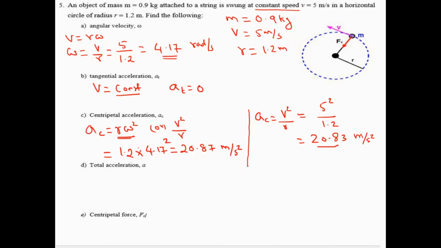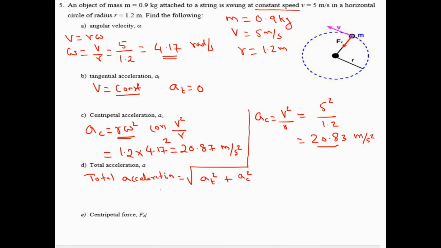Clear? And the fourth question, what is the total acceleration? As we already studied in the theory, if you want to find the total acceleration, you have to find the magnitude of both accelerations. That means the magnitude equation we studied in chapter number 3, vector. So total acceleration is equal to the square root of the tangential acceleration square plus the centripetal or radial acceleration square.